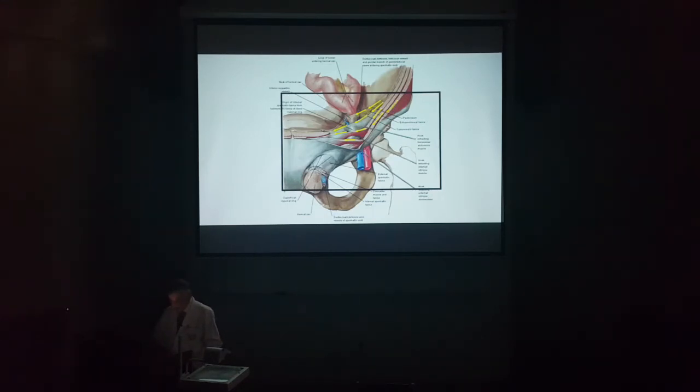Then we have this muscle, which is the external oblique muscle. At this point, it is fleshy.